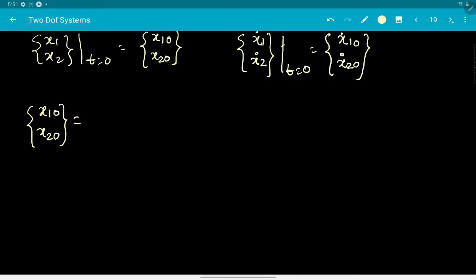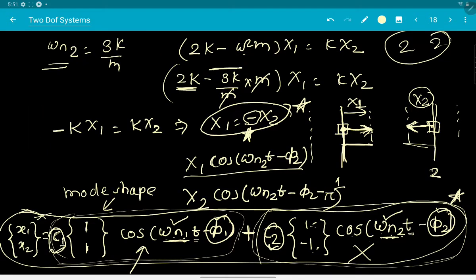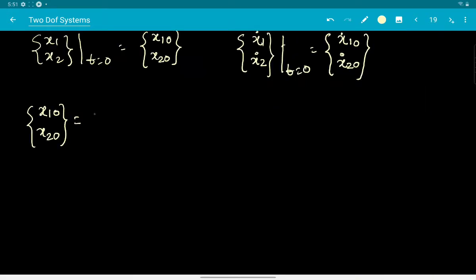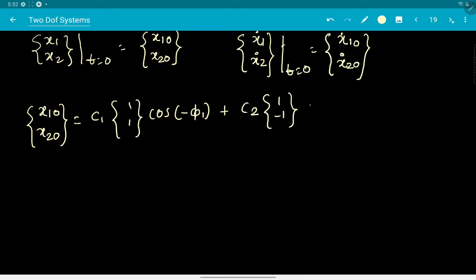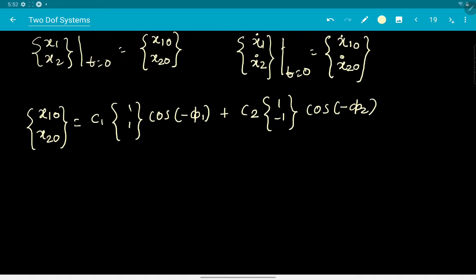That should be equal to, if I put time t equal to 0, c1 times 1 1 cosine of minus phi 1 plus c2 times 1 minus 1 cosine of minus phi 2 on the right hand side.